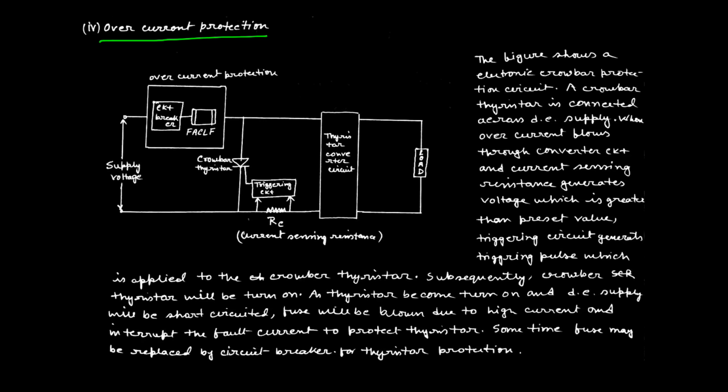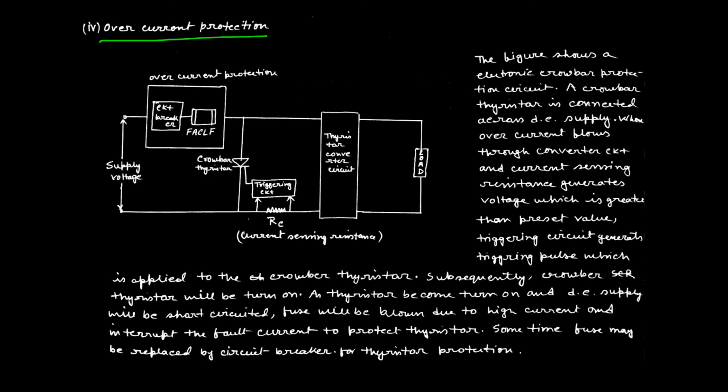Then the triggering circuit can generate a triggering pulse, and this is connected to the gate terminal of the Crowbar circuit. Then this is a kind of SCR. When the triggering pulse is given to the Crowbar thyristor, then it starts working. Then it will be in working state or conducting state.